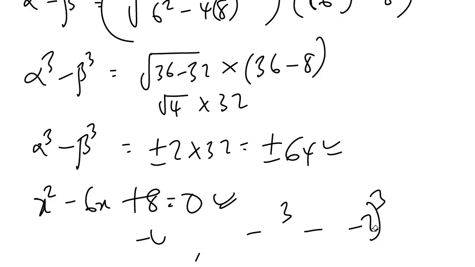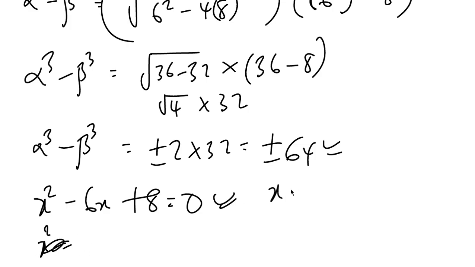Wait a minute. What are we getting here? If we solve this now, it tells us that x is equal to 2 or 4. So what do you notice is the problem here?